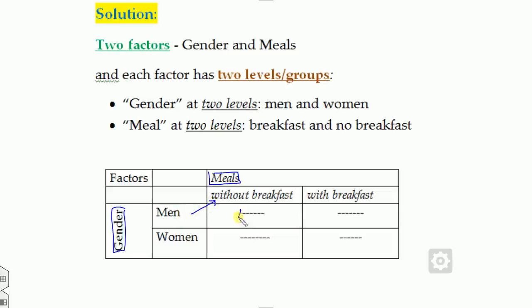They have a first person, second person, third person, and so on. It may have a single one, or it may have more than one. Similarly, for men with breakfast, they have their recorded information there. So in the first example we considered one factor, and in this example we have considered two factors.